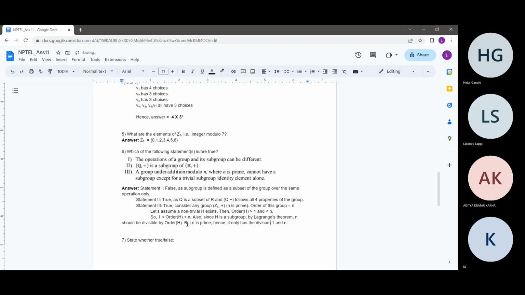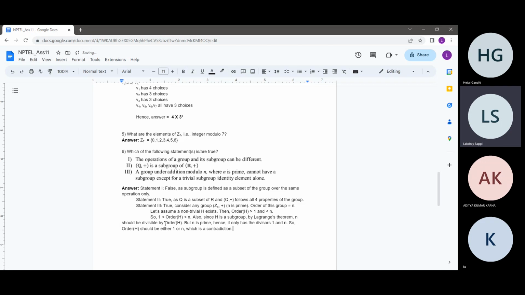So since n is prime, it only has divisors 1 and n. So the order of H should be either 1 or n, which is a contradiction.